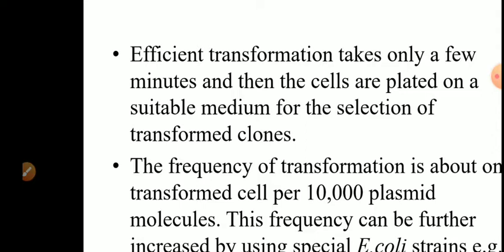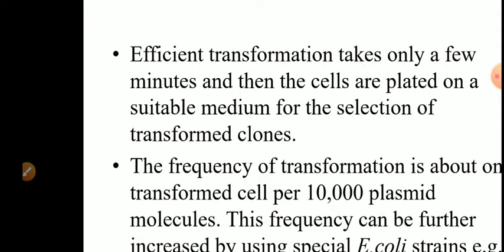Once the E. coli cell accepts the recombinant vector, it is said to be transformed. The process is called transformation. Efficient transformation takes only a few minutes, and then you take it that transformation has taken place in the E. coli cells, and the cells are plated on a suitable medium for the selection of transformed clones.